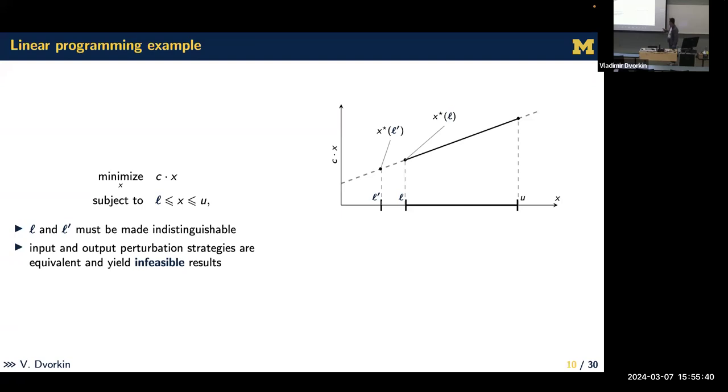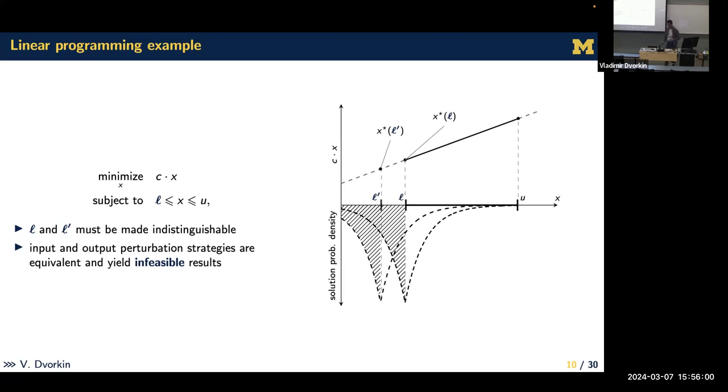When we change L or L prime, this difference is directly exposed in the optimal solution. Using the standard differential privacy approach, we would perturb this solution with privacy-preserving noise. And here you see these density functions: these two probability distributions will be close to one another, enabling differential privacy, but the solution will be infeasible with probability 50%.